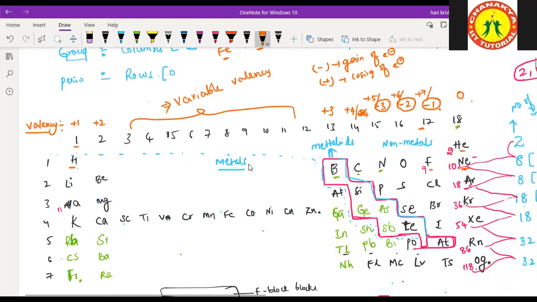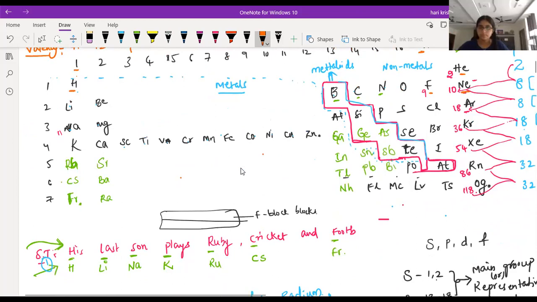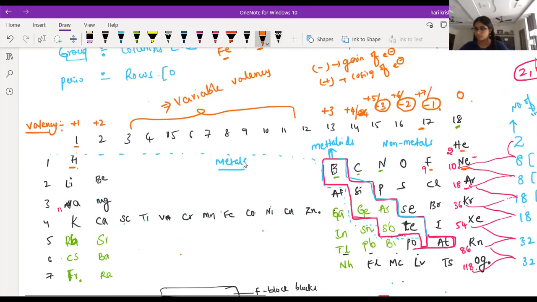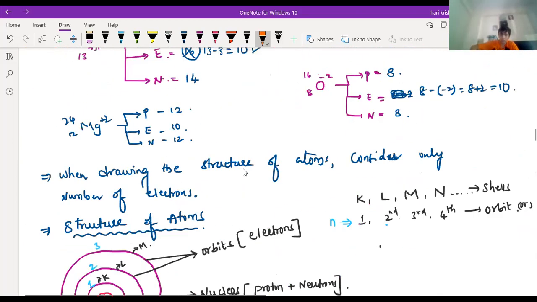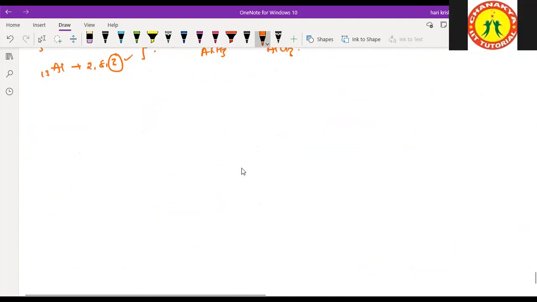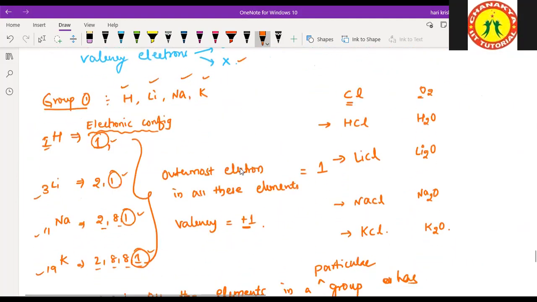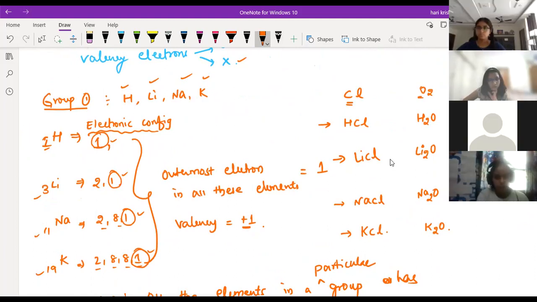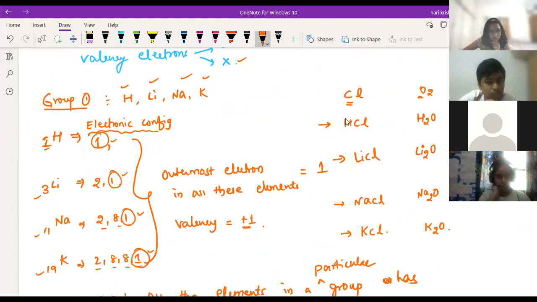Now understand the remaining S block and P block element valencies. Piyush, you asked me last time about the valency with respect to chlorine and oxygen?